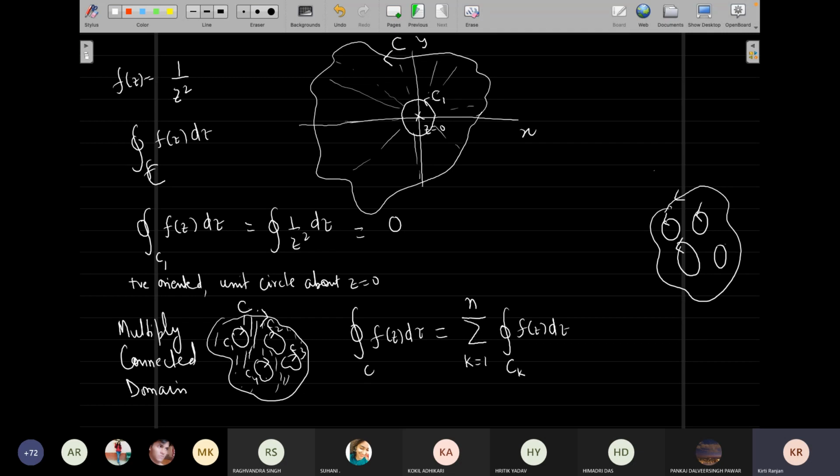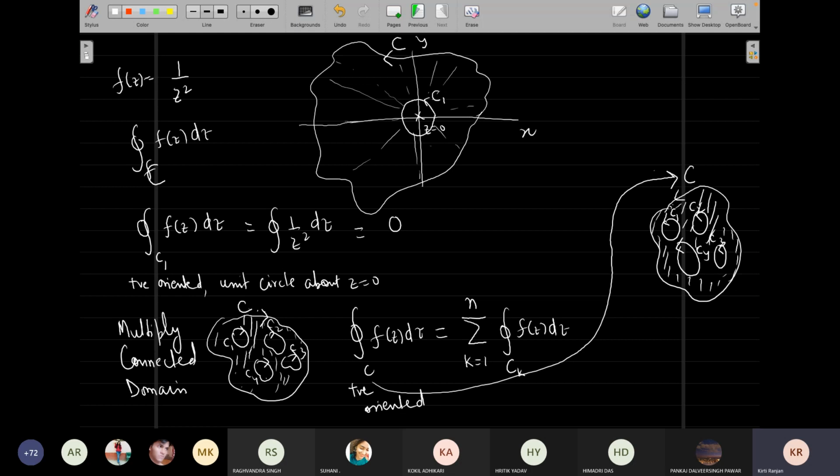The result will remain valid as long as the function remains analytic everywhere. So C, C1, C2 now anti-clockwise, C3, C4, and my C goes here so that the positive orientation remains. You can make it negative oriented and the result will still remain valid, but okay. So, questions up to this point?